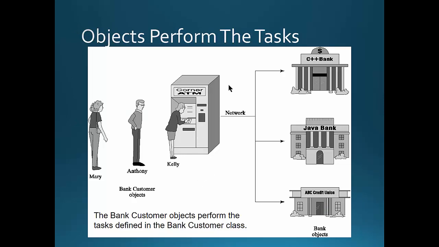So we say that objects are the things that perform the task. And by writing a class rather than writing just the code for one bank, we write it as a class. Then any ATM can interact with any other bank because these banks will all have a class that will interact with the ATM. Since you're using the same class, we're just instantiating multiple objects for each of the banks, and then we can reuse the code.